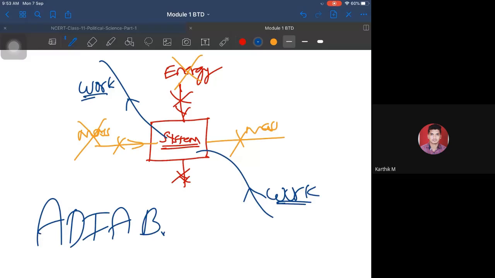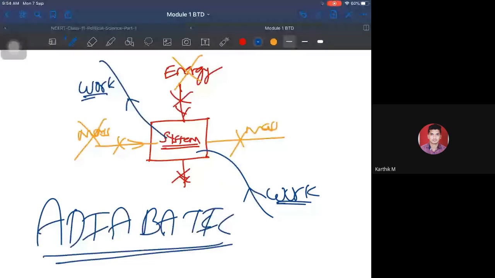What is an adiabatic system? An adiabatic system is nothing but an isolated system where there is no energy and mass transfer, but it has the capacity to transfer or interact through work with its surroundings. Such a system is known as the adiabatic system. Got the definition of adiabatic?